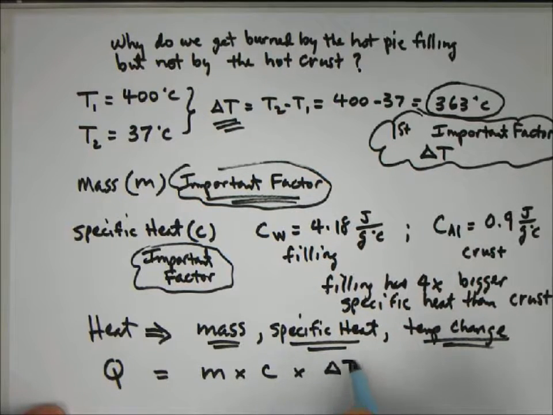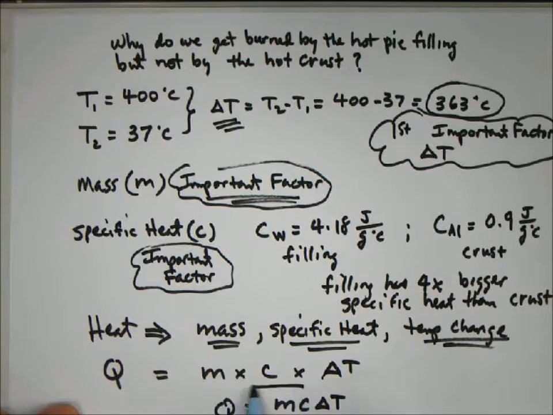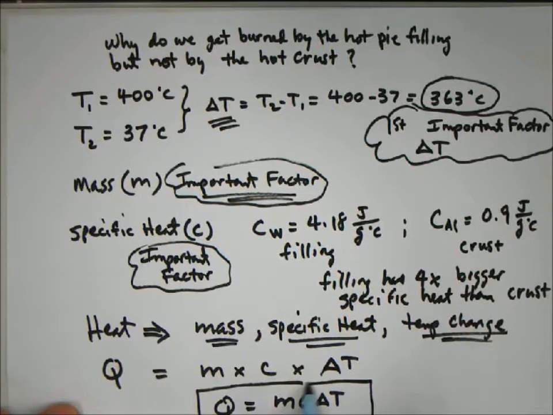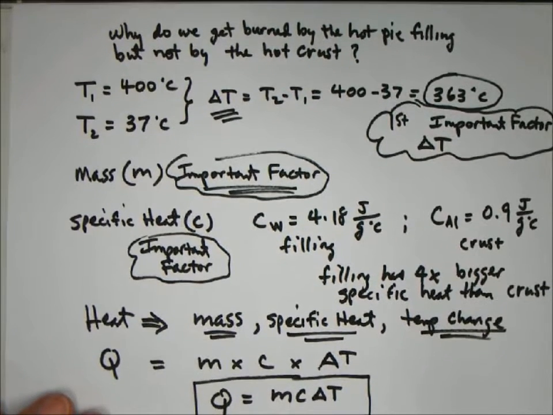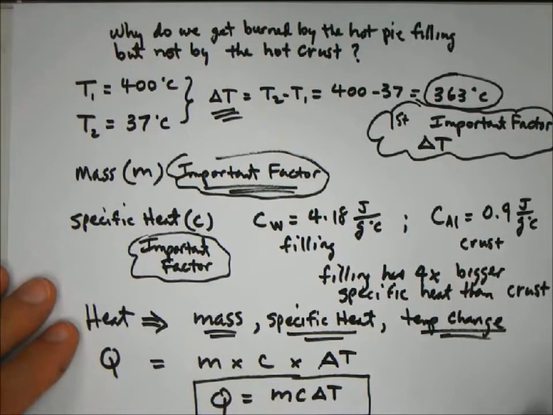We'll call that mcAT, because if you blur your eyes, that little delta, Greek letter delta, which means change in temperature, kind of looks like a capital A. So here's our mcAT formula. Q equals mc times delta T. M times C times delta T. Very useful equation, and we're going to be using that a lot in here. Let's go on to the next page, and we'll take an example.